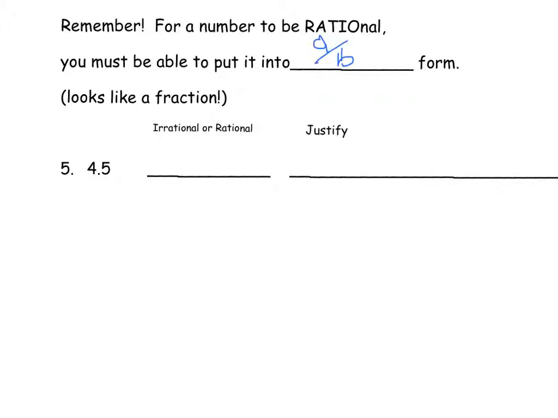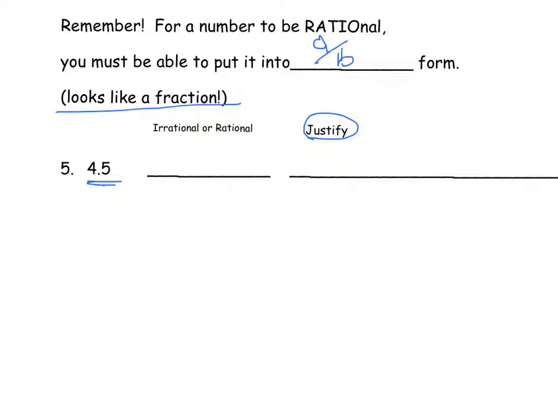So in other words it looks like a fraction. The first thing you should do, remember, is decide if it is rational or irrational by looking at what type of decimal it is. And then, this time though, we're going to justify by actually putting it in the A over B form.